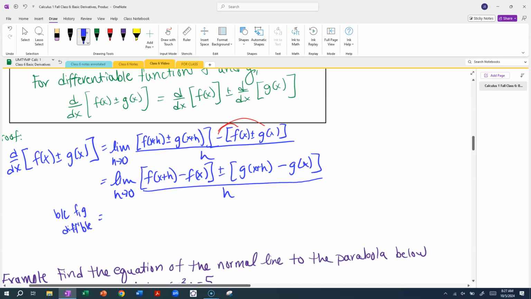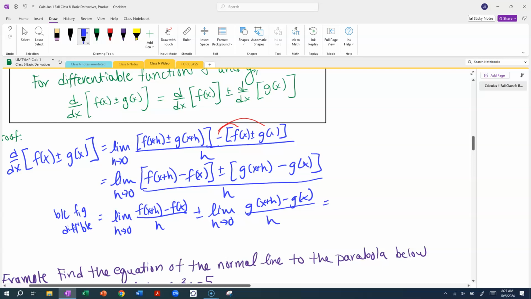Because these are differentiable, I can say this is the limit as h approaches 0 of f(x+h) minus f(x) over h, plus or minus, since I know these limits exist, so I can use the limit laws and break them up, the limit as h approaches 0 of g(x+h) minus g(x) all over h.